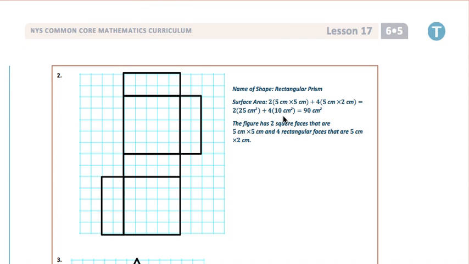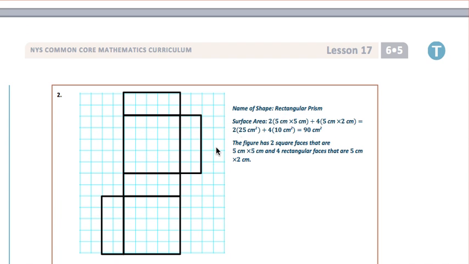Next we have a rectangular prism, and its surface area is 2 5 by 5 squares. 1, 2, 3, 4, 5. And there are 2 of those pieces. And then there are 4 rectangles that are 5 by 2.